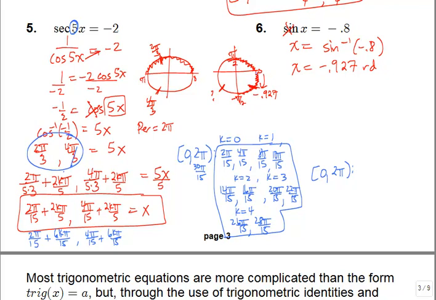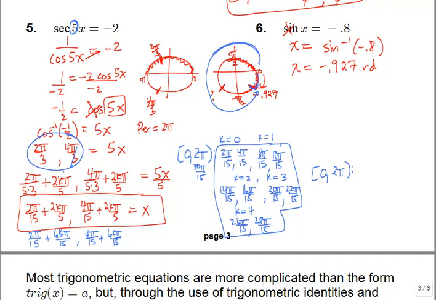So if this distance here is a negative 0.927, what would that be equivalent to going in a positive direction into quadrant 4? How would we figure out how much this is going around in the positive direction, but still being equivalent to 0.927? Well, hopefully you can see that if we went all the way around, that's 2 pi, and if I subtract that 0.927, that's going to get me to right here.